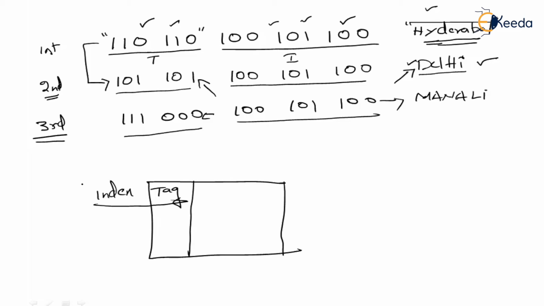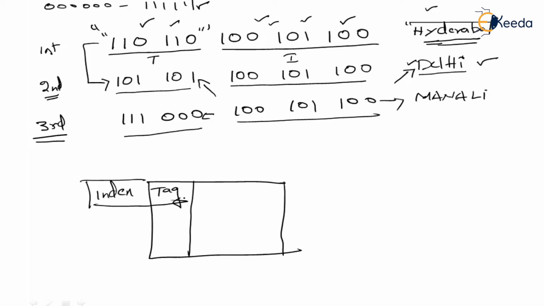But in main memory, for one index there are 2 power 6 tags, because the tag has 6 digits, from 000000 to 111111. For every index, there are 2 power 6 tags available in main memory, but our cache memory is hardly accommodating only one tag.